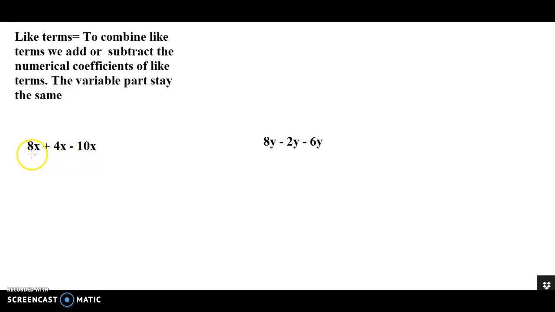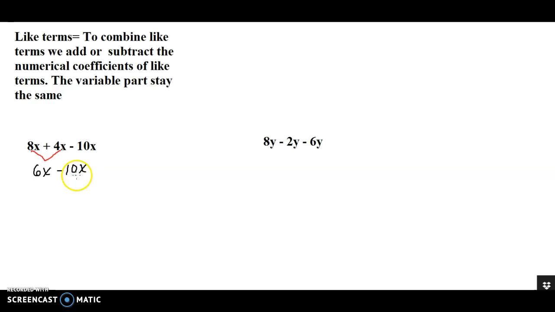So to combine like terms, what we do is we add the coefficients. So when I add the 8x plus the 4x, I get 12x. And then I bring down my next number.